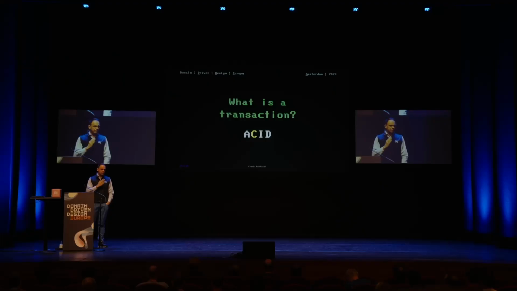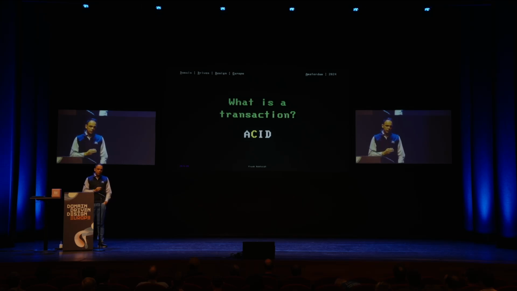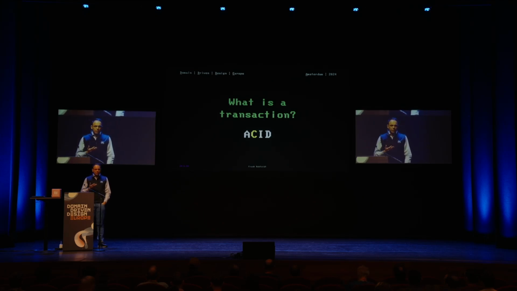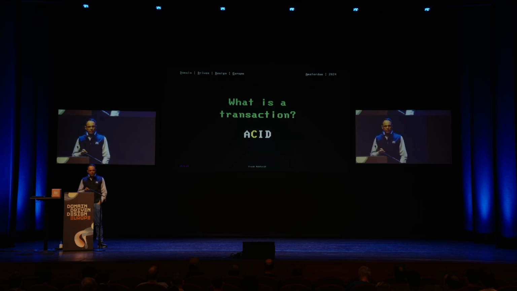So what about the C and the I? The C stands a little bit out here because it's formulated from the application perspective. It means that if you have one transaction that takes a consistent state of your application, it leaves your application in a consistent state. And this is some kind of inductive argument, and it should be obvious, but in fact it isn't.